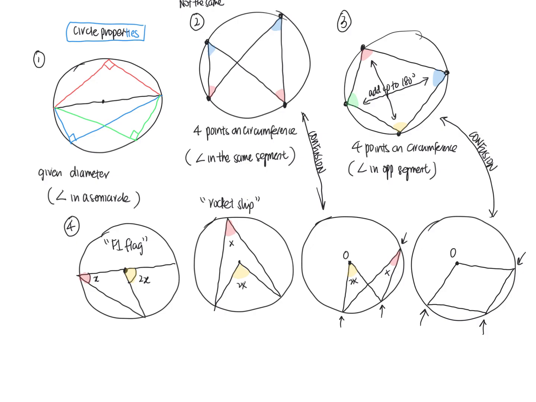Take note, I told you all before, if the center one is frowning, then your angle at circumference must be frowning as well. You see, I frown, this one also frowns. So this is your center 2x, this is your x. Don't mix it up.